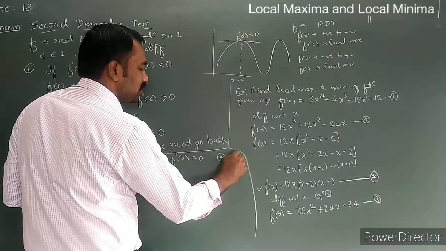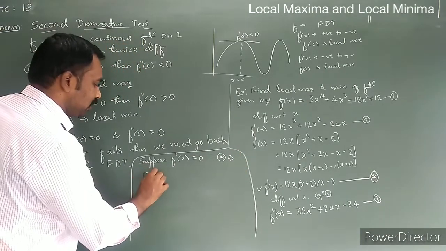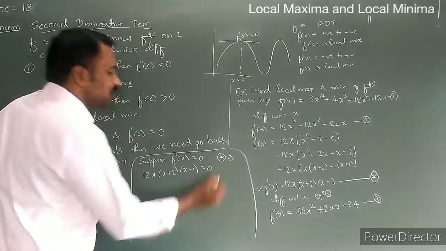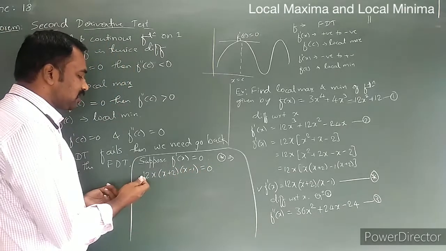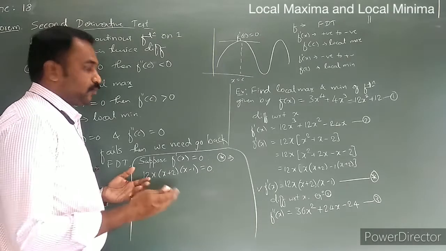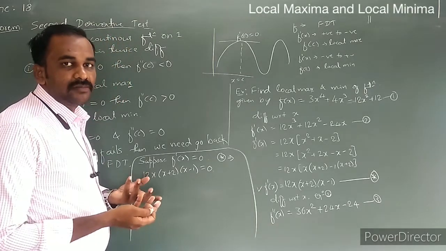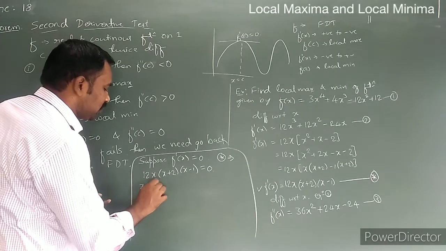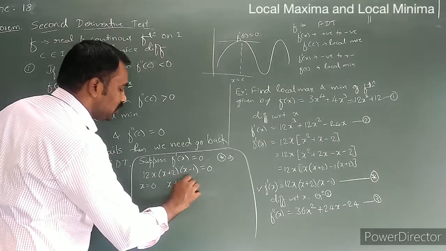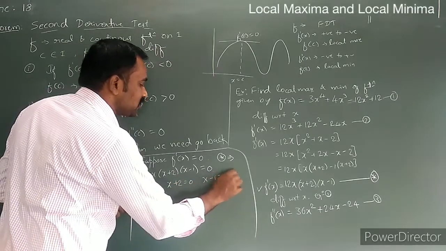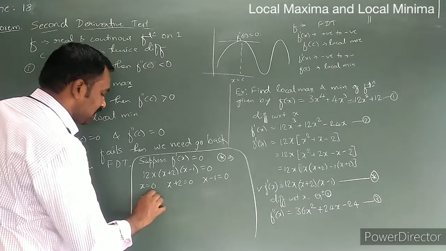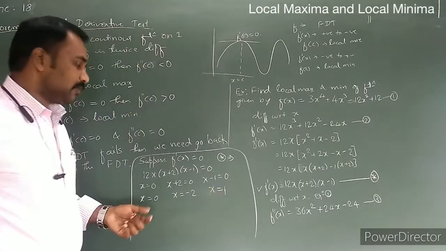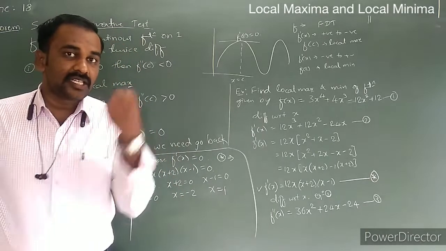It implies 12 into x into (x plus 2) into (x minus 1) is equal to 0. This is a product of 4 numbers equal to 0, so any one of them is 0. 12 cannot be 0. Either x is equal to 0 or x plus 2 is equal to 0 or x minus 1 is equal to 0. From this, x is equal to 0, or x is equal to minus 2, or x is equal to plus 1. There we get the 3 critical points.